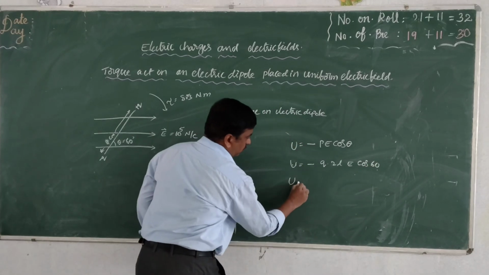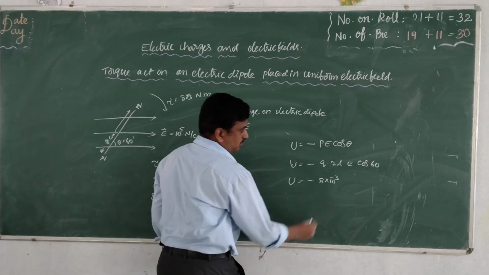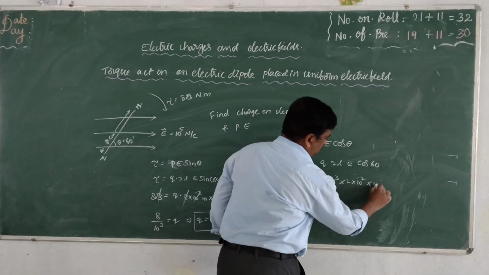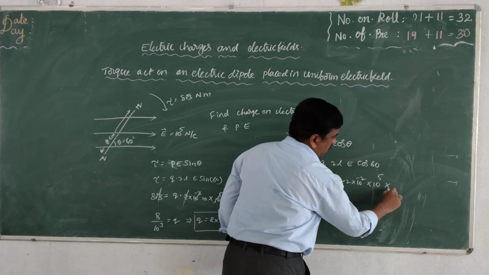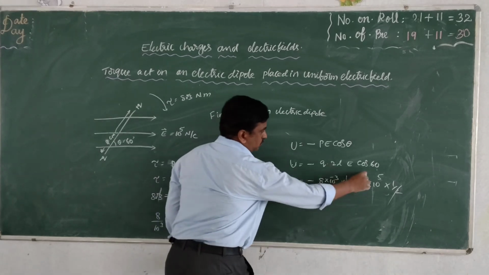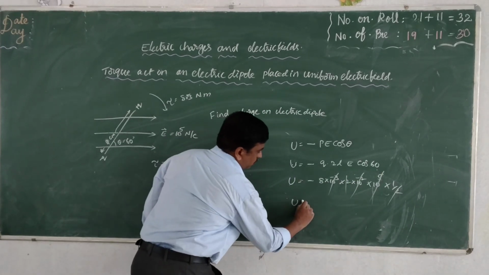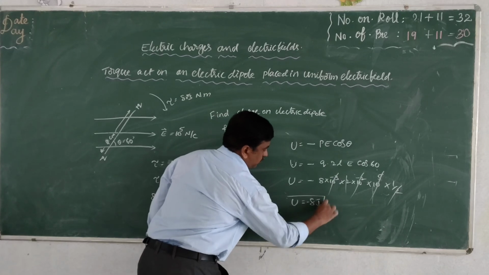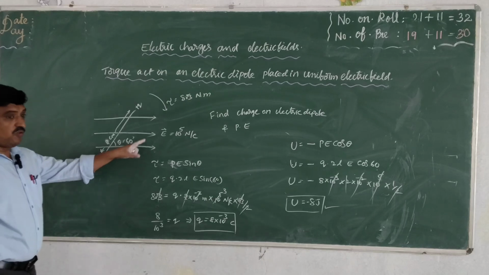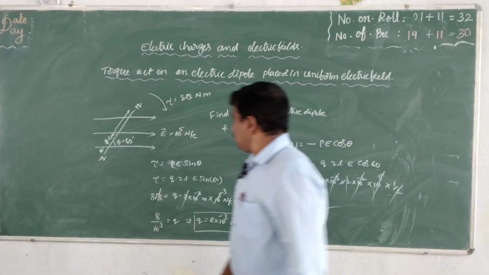Here U equal to minus Q, which is 8 into 10 power minus 3 coulombs, 2L is 2 into 10 power minus 2, electric field is 10 power 5 Newton per coulomb, cos 60 is 1 by 2. This 2 cancels. Minus 2, minus 3, plus 5 cancels. What do we get? The potential energy is minus 8 joules when the electric dipole is placed in the uniform electric field. So this is the solution. Thank you.